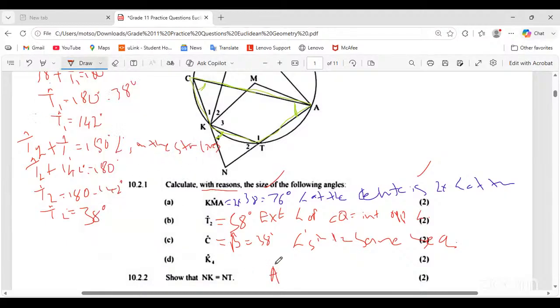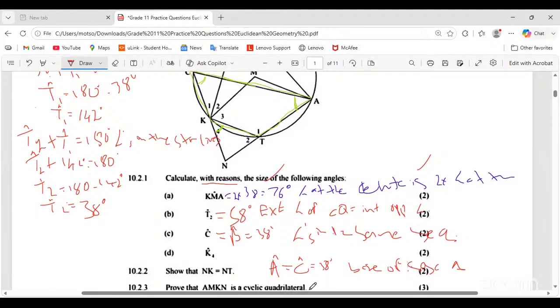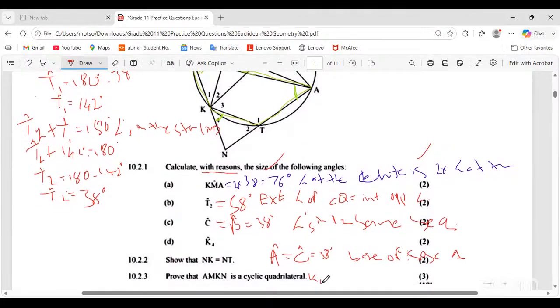So angle A is equal to angle C. They are both equal to 38 degrees. Why? Because they are the base angles of an isosceles triangle. Then now, angle K4 is equal to angle A. They are both equal to 38 degrees.